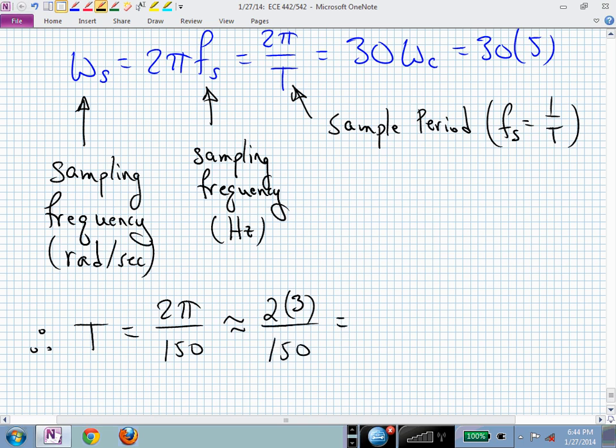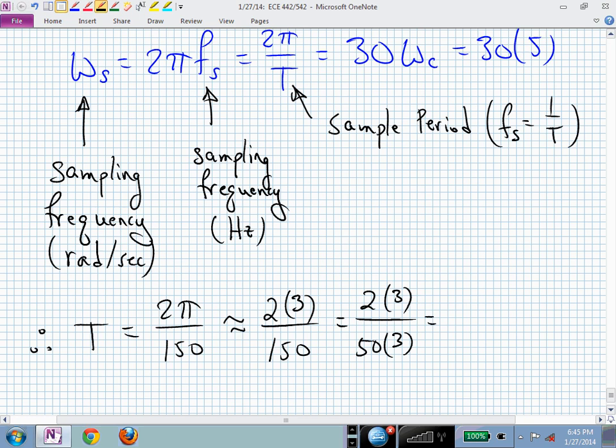So now we have roughly 2 times 3 over 150. This is what used to make my Engineering 102 class really nervous, is approximating. They would go, we came to the university to be precise and accurate. I said, you just need to be able to get a good feel of what's going on. Let's just make some approximations.